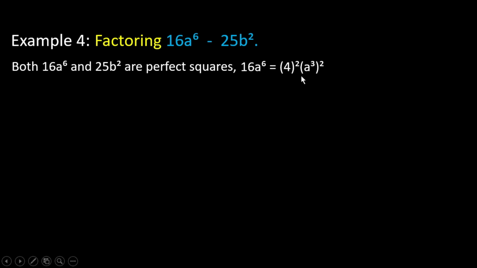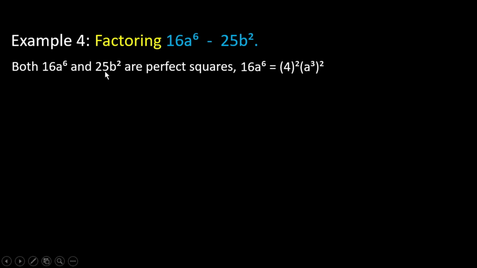Pwede rin ba? So, a to the 6 can be rewritten as a cubed squared. Diba? So, perfect square siya. So, pag reverse natin, yung 3 multiply natin sa 2 ay equal sa 6. So, therefore, ito yung perfect square ng a to the 6.